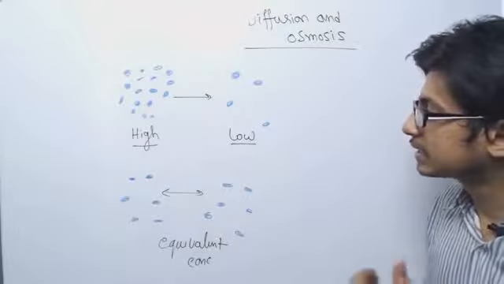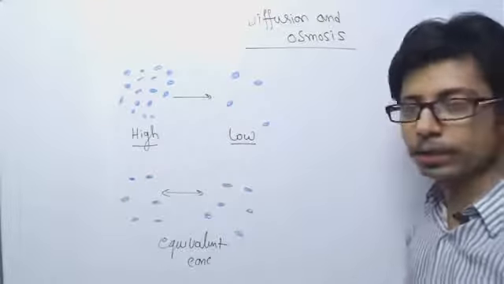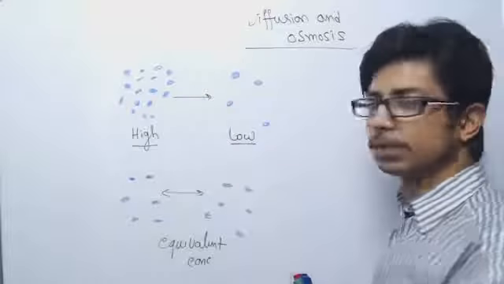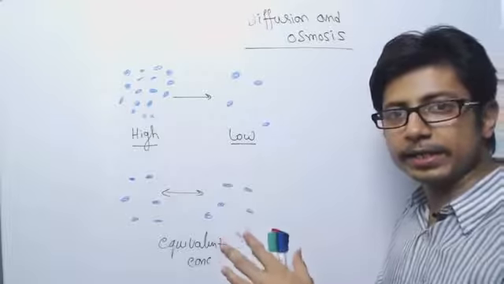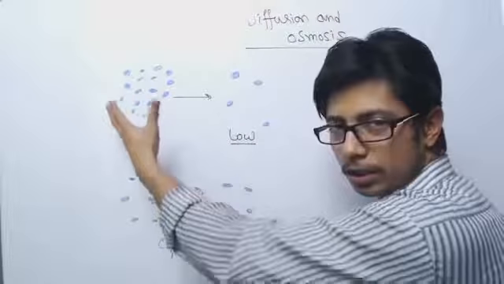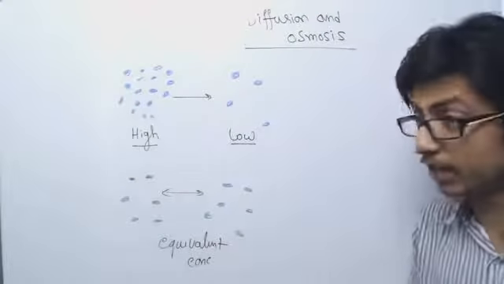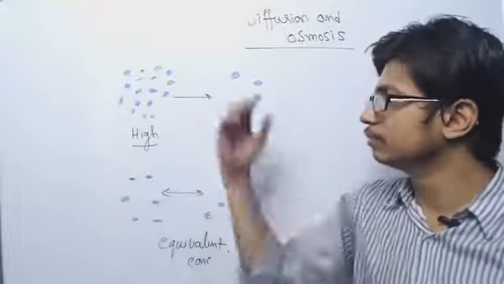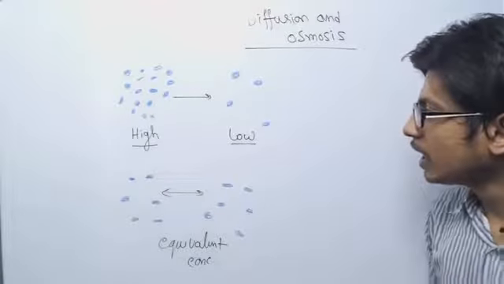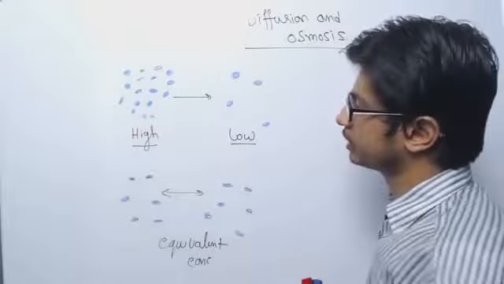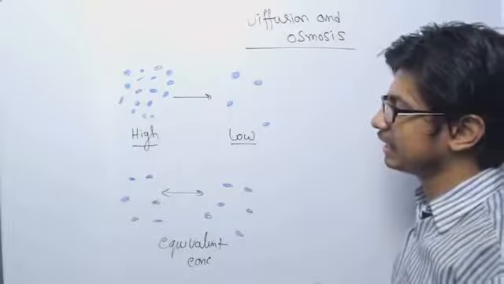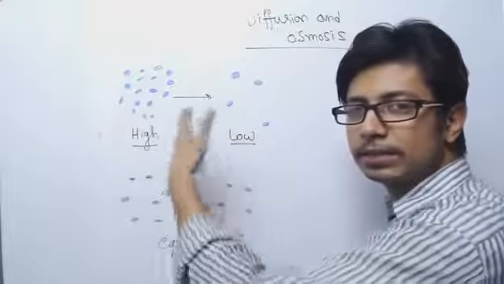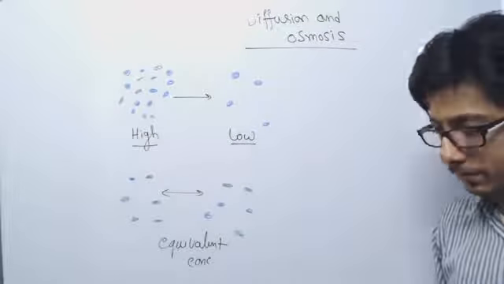The second thing that influences it is the pressure. If you increase the pressure, the diffusion potential of those particles will go slow, and if you release the pressure, they will start moving. Another thing that also regulates this whole process is again the difference in the concentration, obviously.